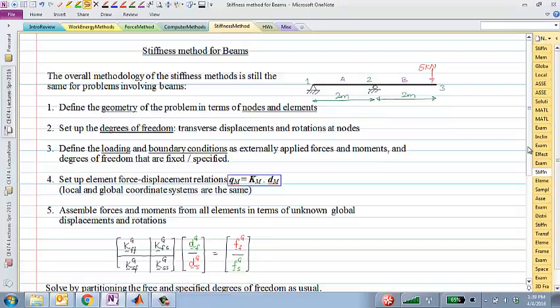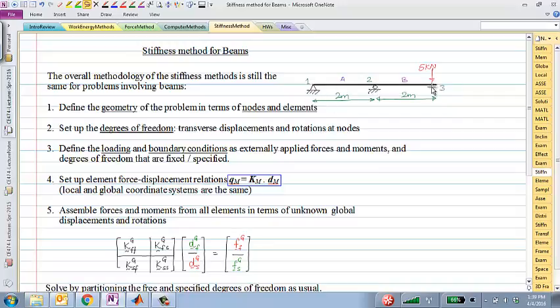And then we find the relationship of force and displacement for each one of those components, rotate them into a common system, and then assemble them to enforce equilibrium, right? So this is a general concept that is applicable to any structure, not just trusses, the way that we've looked at.